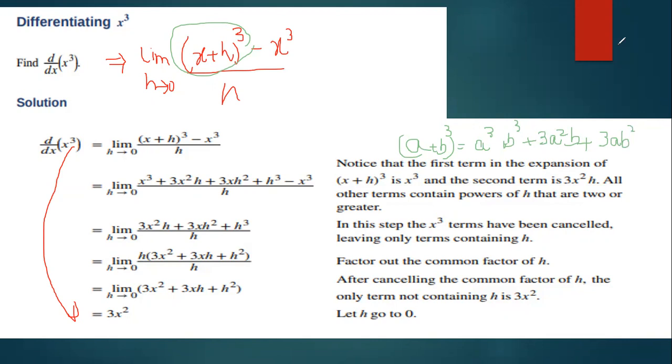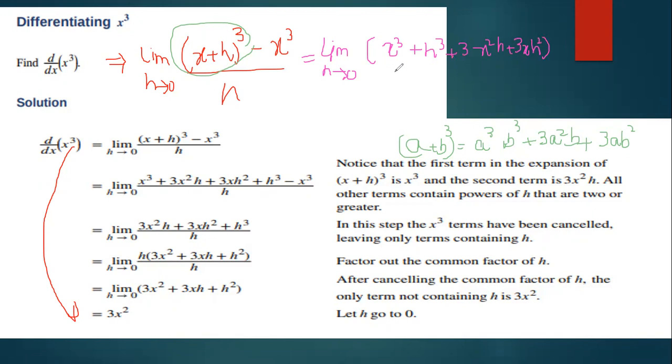So this is the way, basically. It will be the limit as h approaches 0 of: A cube is my x cube, plus the second is my b cube, so h cube, plus 3 x square h plus 3 x h square.